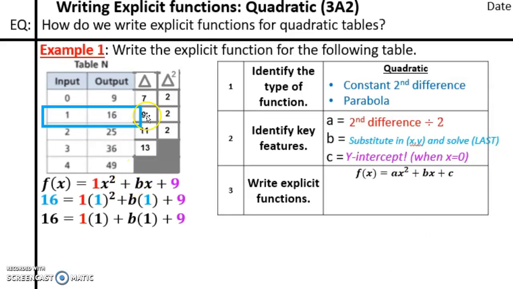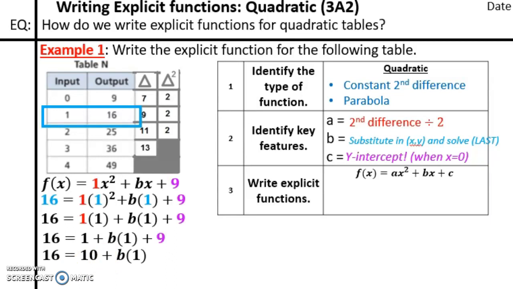Okay, 1 squared, that's 1. Okay, so remember to use your order of operations. So 16 is equal to 1 plus b times 1 plus 9. We're going to combine like terms. 1 plus 9 is 10. So we have 16 is equal to 10 plus b times 1, which is 1b.